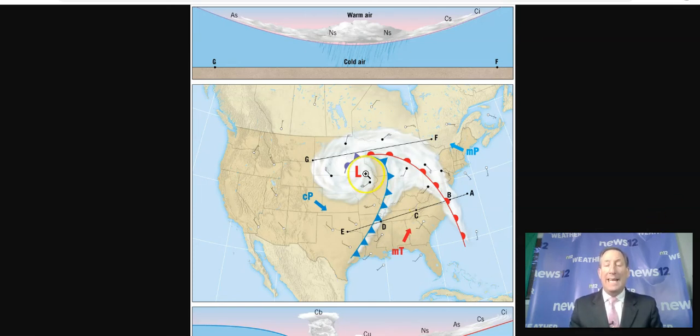Wind is moving into low pressure. Here's your occluded front. Here's your cold front. Here's your warm front. Understanding all the different things that are happening at each one of these points. Again, go back and watch the videos in Chapter 9.